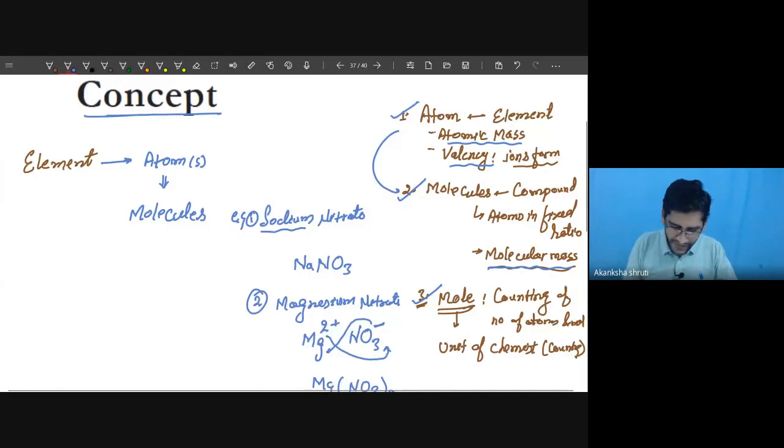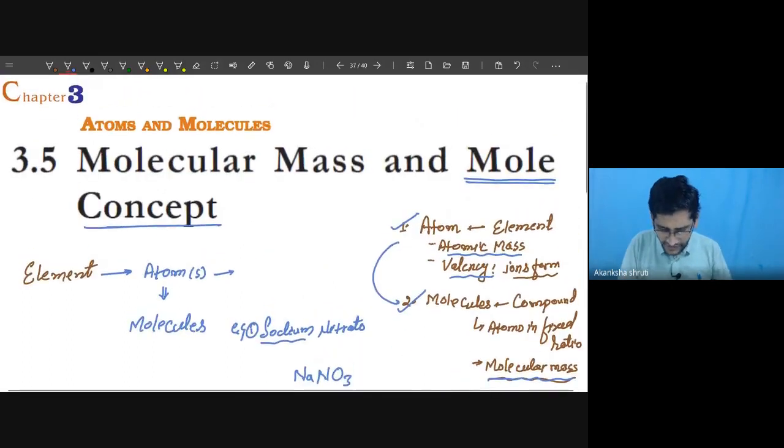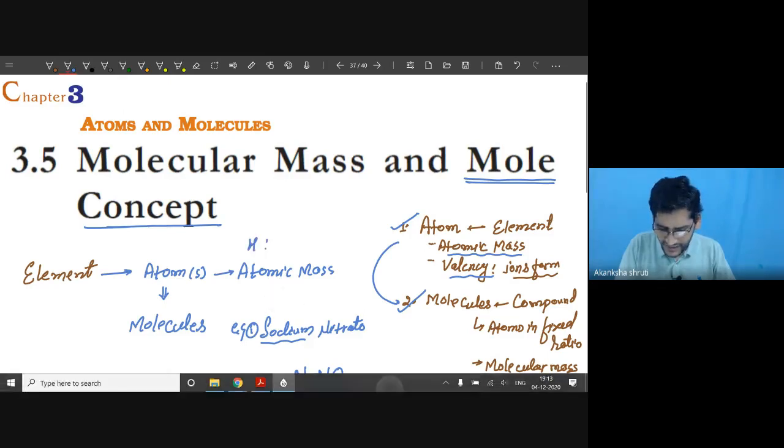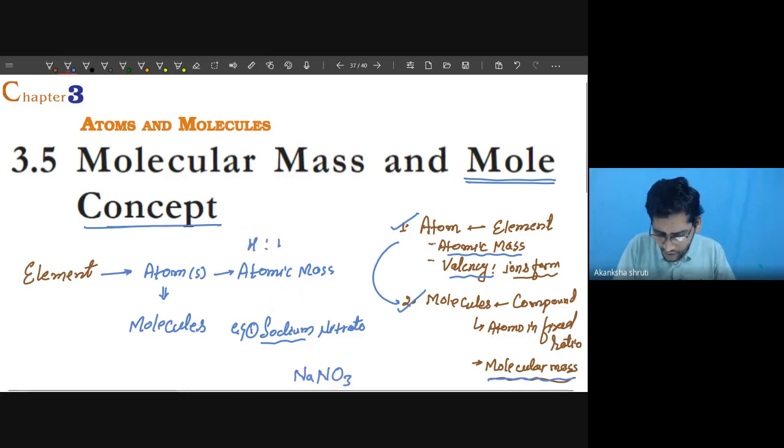Now, students, we had also learned the atom is characterized by its mass called atomic mass. Example, we had written, if we are considering hydrogen, its atomic mass is 1 u, if we are just taking one atom of hydrogen.